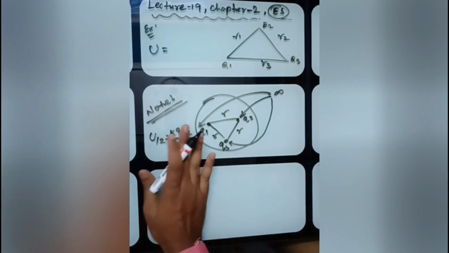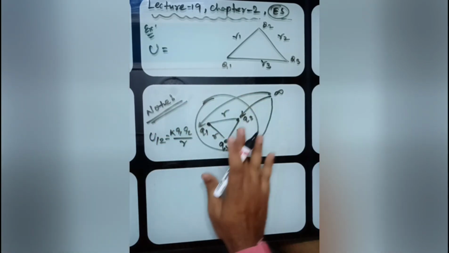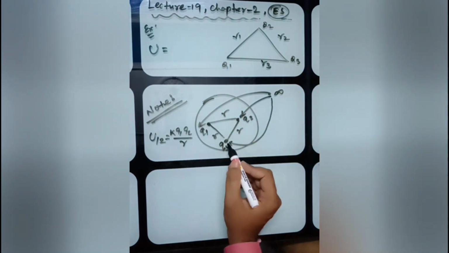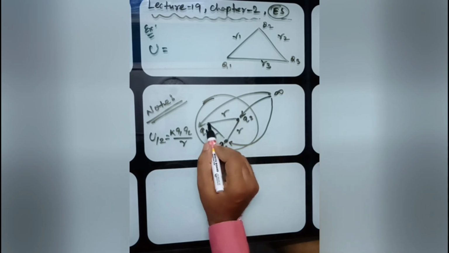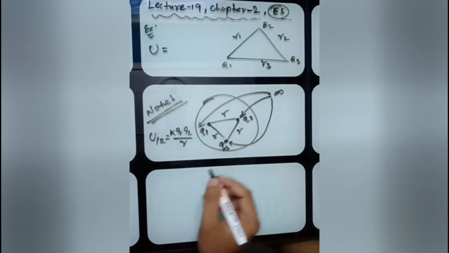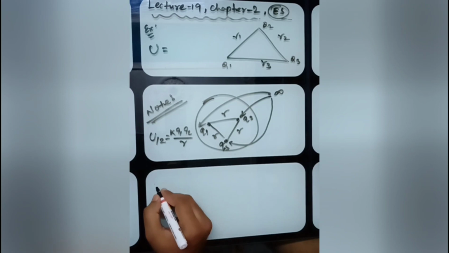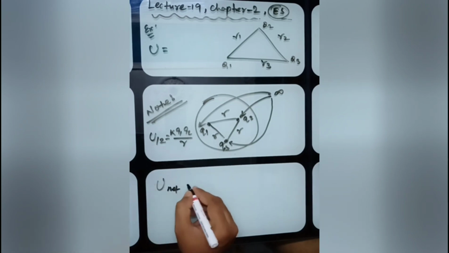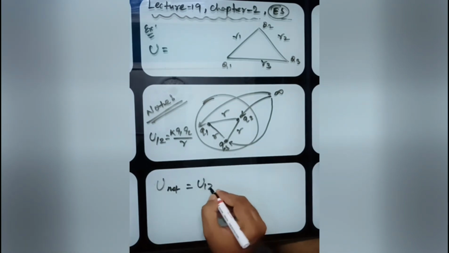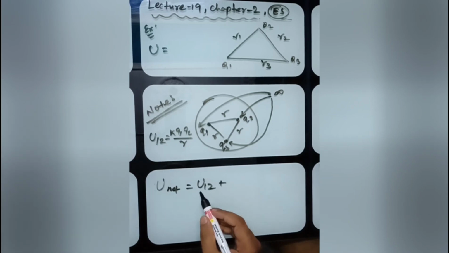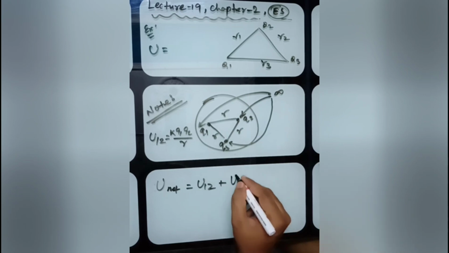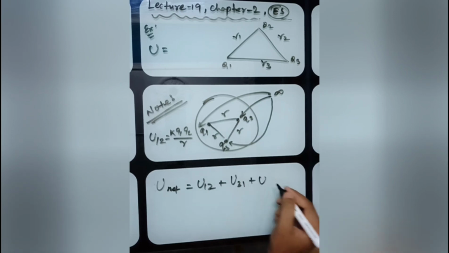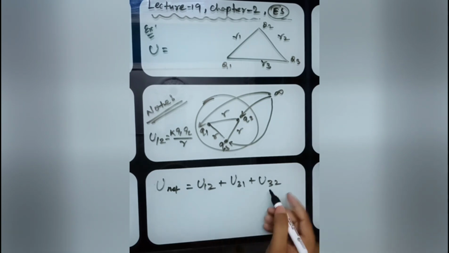So this will remain in this system, and the 2 new terms are added because Q3 has to do the work against this field and this field also, against the field of both charges. So the net potential energy will be U12, the potential energy between 1 and 2, plus the potential energy between 3 and 1, plus the potential energy between 3 and 2. Now this is the total energy.